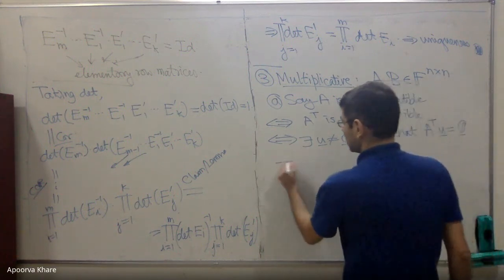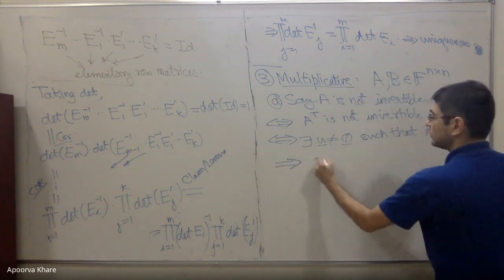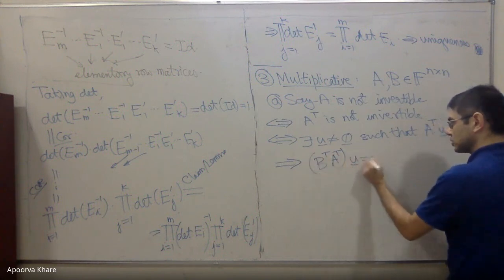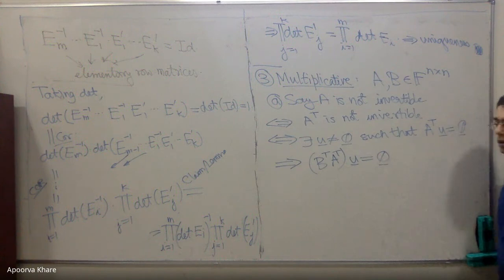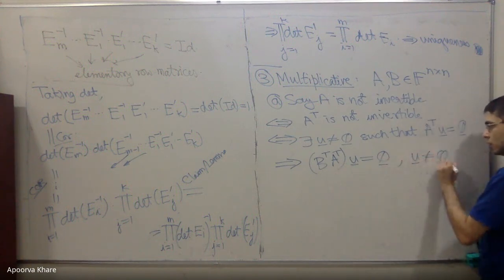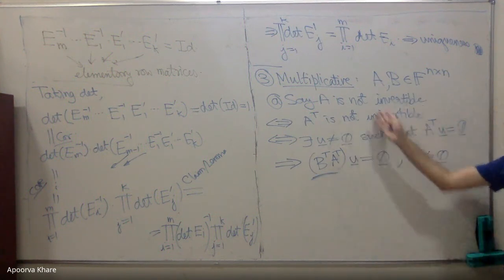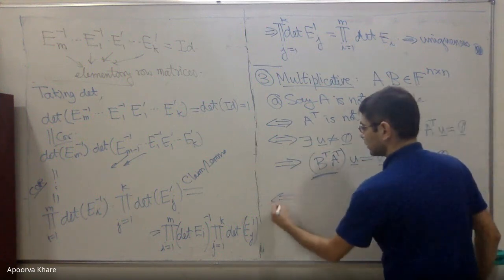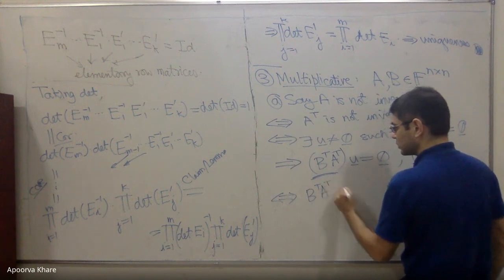I'll show you. And this implies, this is not if and only if, of course, B transpose A transpose times U is also equal to 0 because it's just B transpose times 0, which is 0. But now you see U is non-zero. So that means that this matrix itself is also not invertible. That is this equivalence applied now to B transpose A transpose. So now I can again say if and only if B transpose A transpose is not invertible.